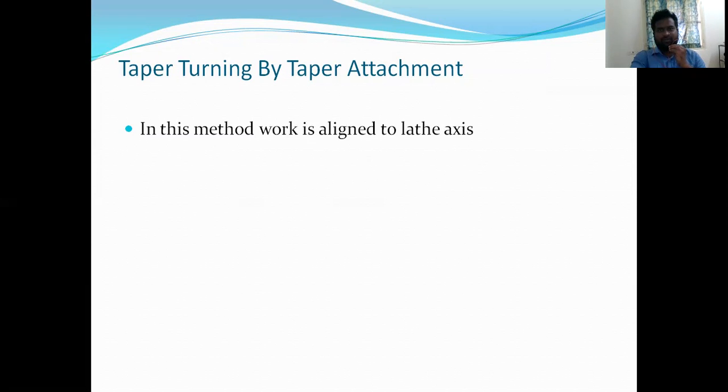Before discussing this method, what are the drawbacks of the previous methods? The first one is that length is the problem. We are producing only small length tapers, right? The next method, the compound rest method, also has length of taper as the problem, but compared to the forming tool method, it is used for somewhat longer jobs.